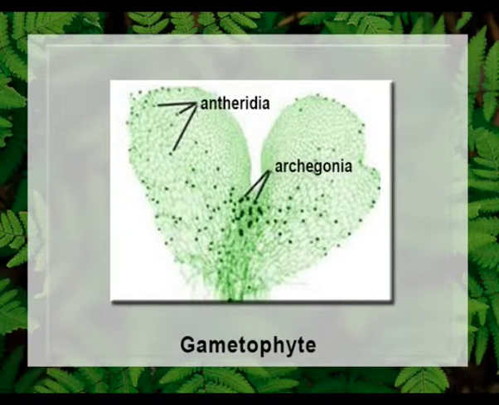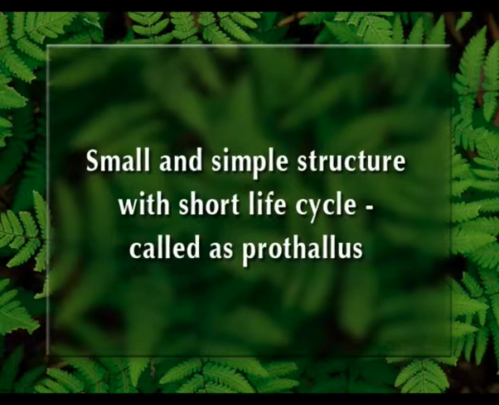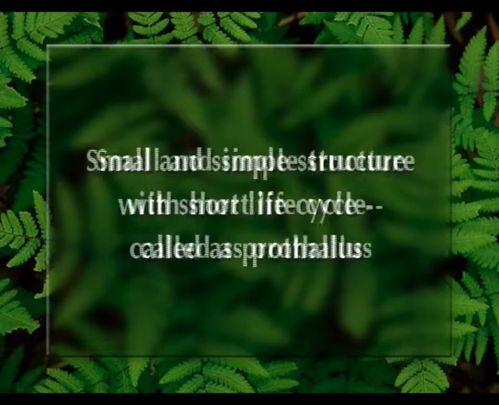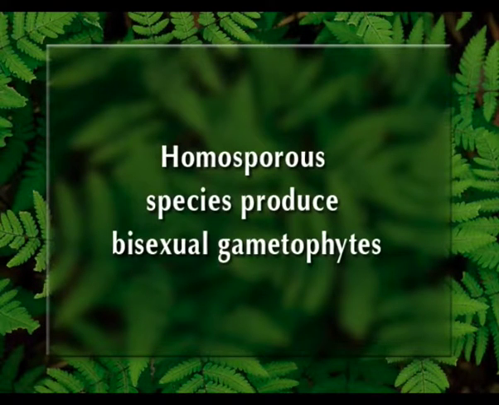The second phase is the gametophyte, which is the haploid phase. The germination of haploid spores gives rise to a gametophyte. The gametophyte is a small, simple structure with a short life cycle and is called a prothallus. Homosporous species produce bisexual gametophytes.